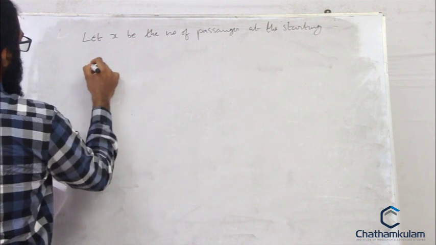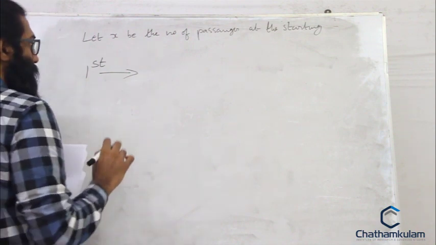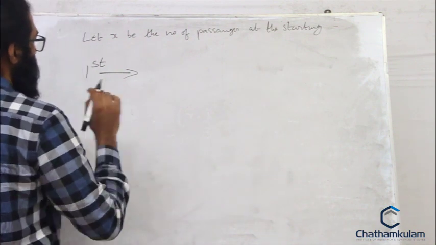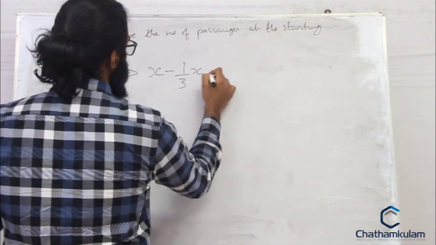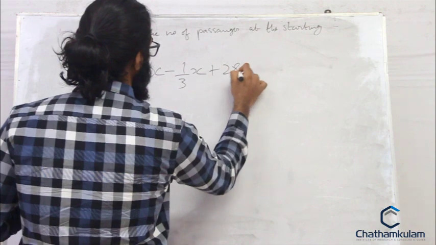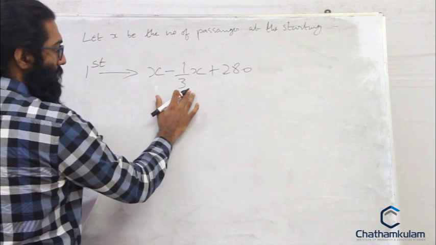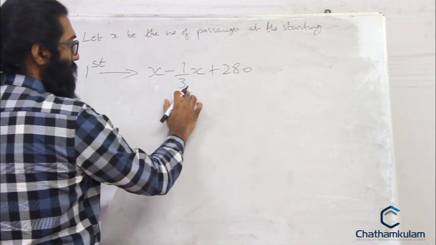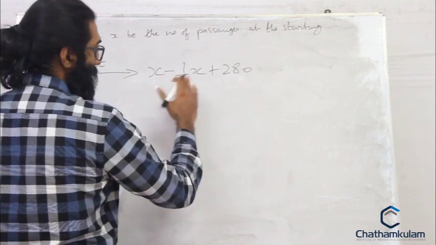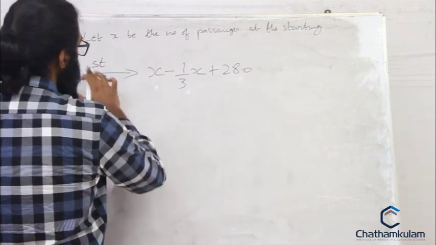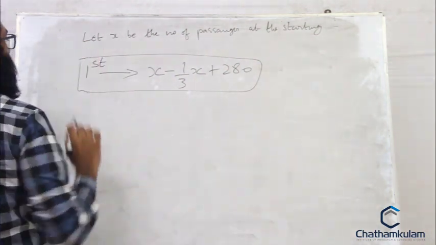So the number of passengers in the train at the first station is given by x minus 1 by 3x plus 280. 1/3 of the passengers was dropped in the first station and 280 passengers boarded the train. So this is the number of people in the train after the first station.